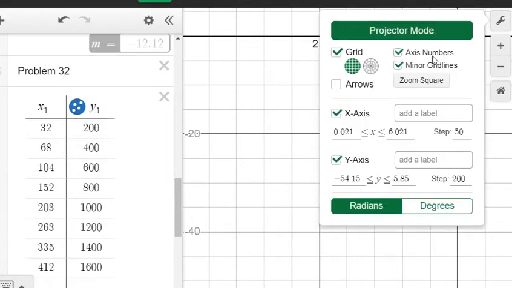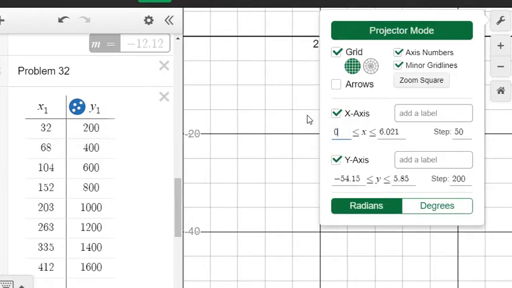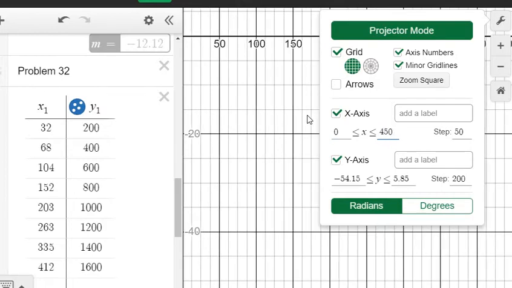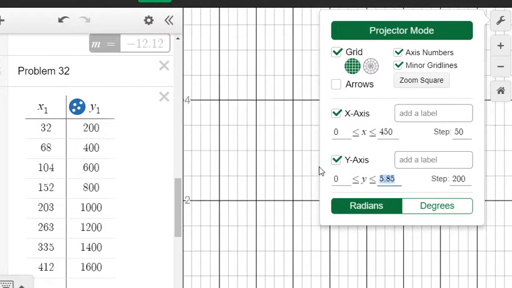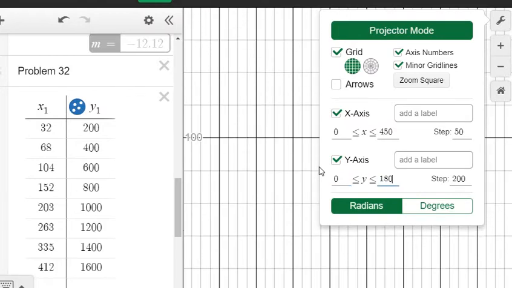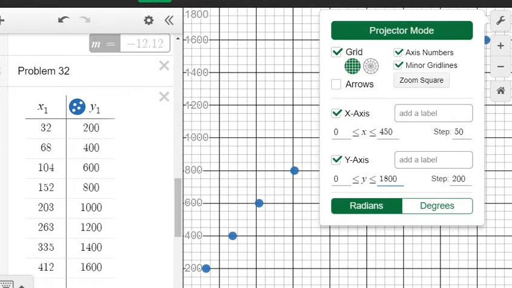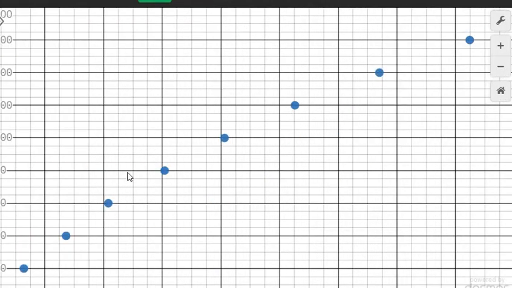So on the x-axis, let's go from 0 to 450. And then on the y-axis, go from 0 to, let's see, call it 1800. And you should be able to see all these points. I don't know, can you see it a little bit? He's slowing down, right?